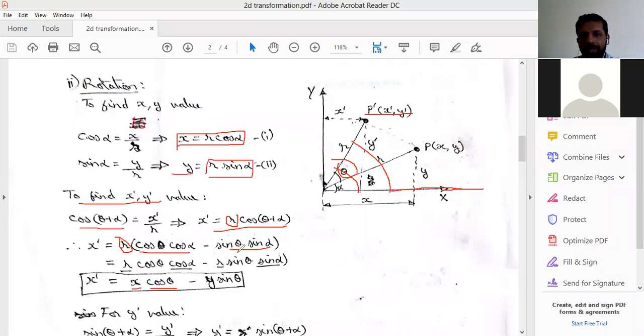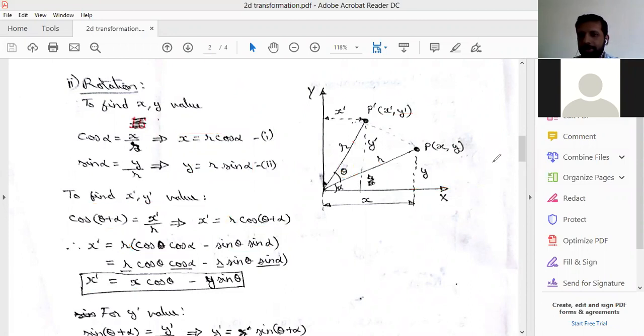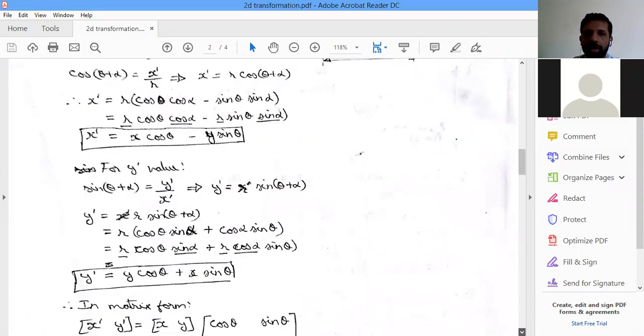So we can rewrite these two terms combined, since it is multiplication by y, the left out term is sin theta. So ultimately, the new x coordinate will be x times cos theta minus y times sin theta, right?